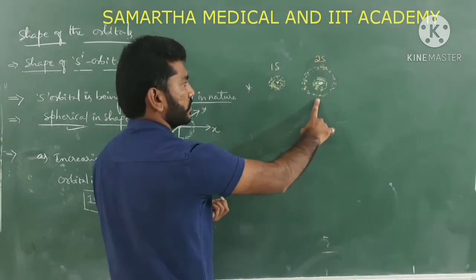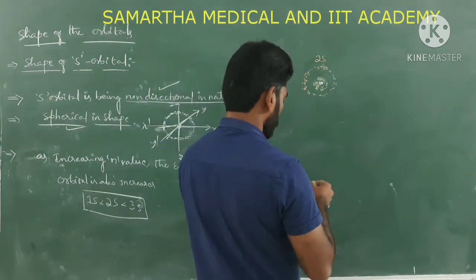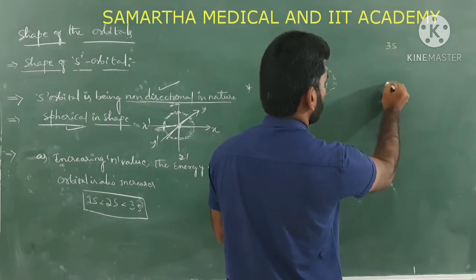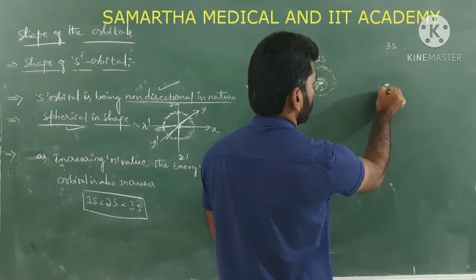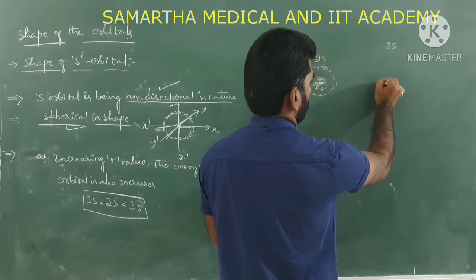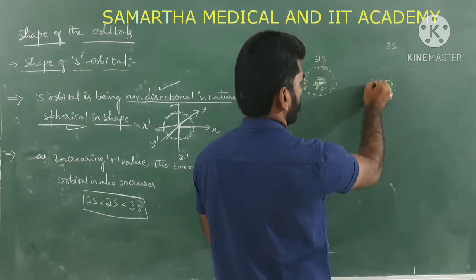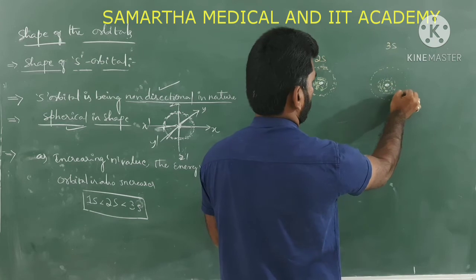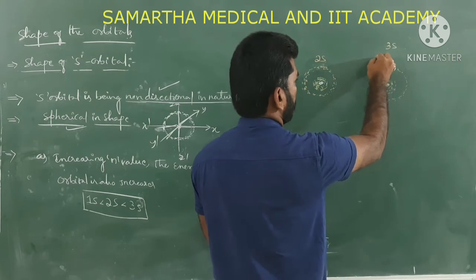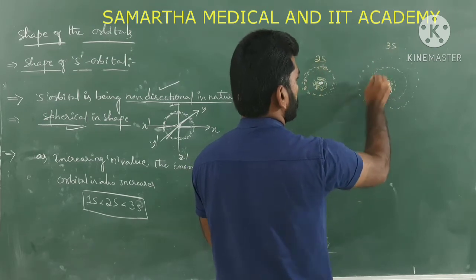So you just look at their size. 1s is smaller than 2s here. Suppose you want to know 3s, just look at the size, guys.